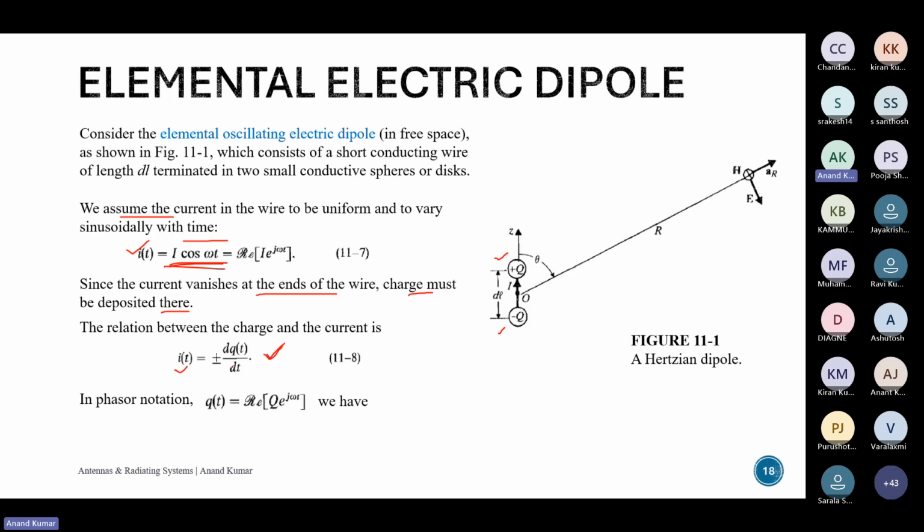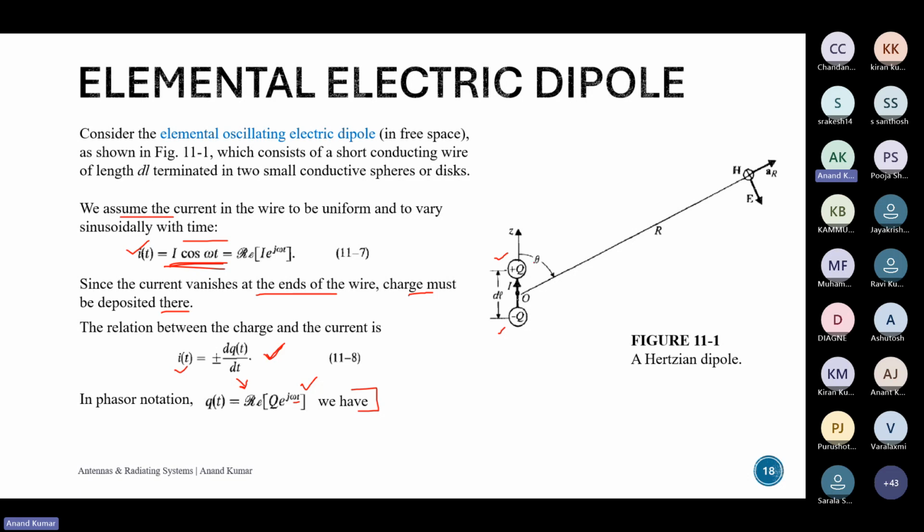Again, in phasor notation, you can write it like this, where we replace d by dt with j omega. If you take the real part, this j omega will come out. Basically, we are writing it in different forms, and we don't have to care so much about it.